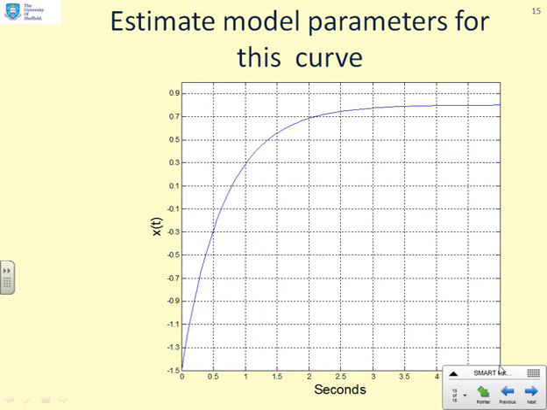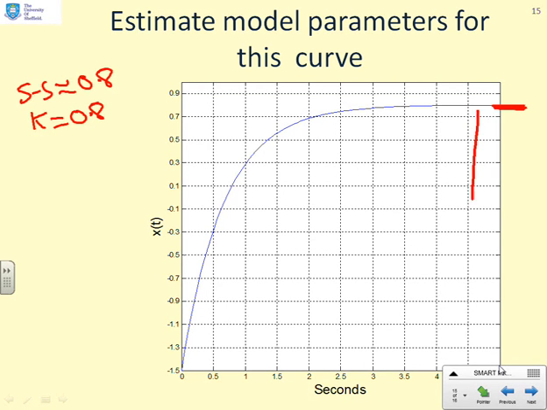What about this example here? Well, we'll do the same thing again. If we look at the steady state, and it's roughly here, you'll see the steady state is approximately 0.8. So that's going to give me K equals 0.8. Now the next step is a bit more tricky. You need to be careful here. There's a sting in the tail of this example.